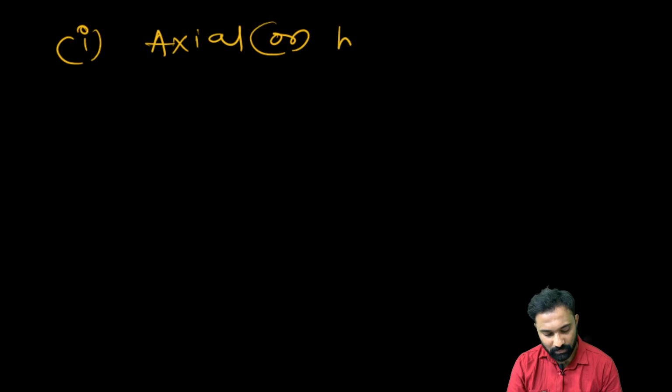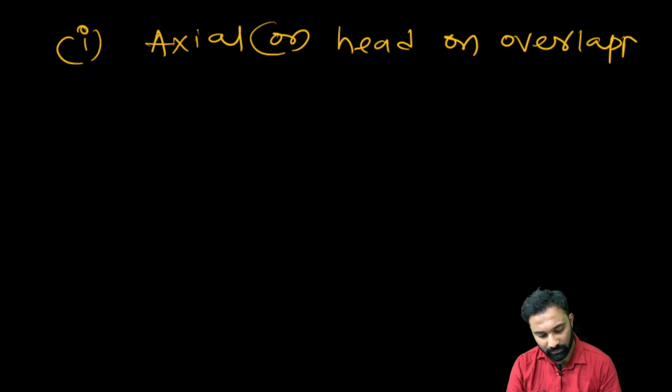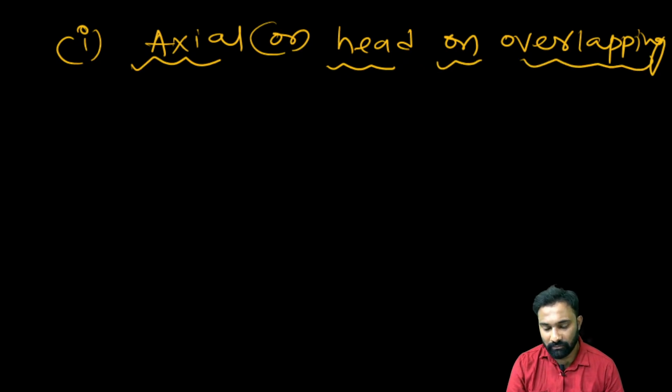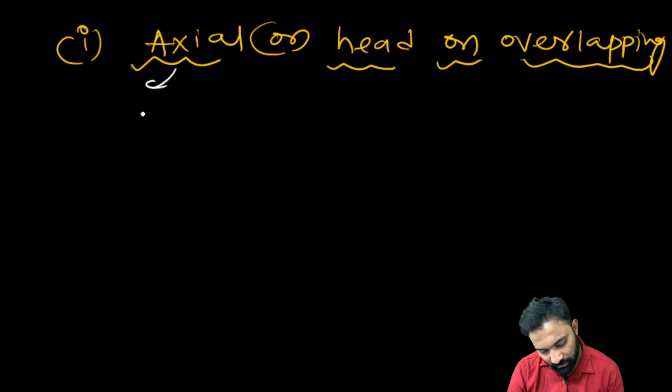Now, we'll see. First one, axial or head-on or end-on overlapping. This axial overlapping leads to give sigma bond.